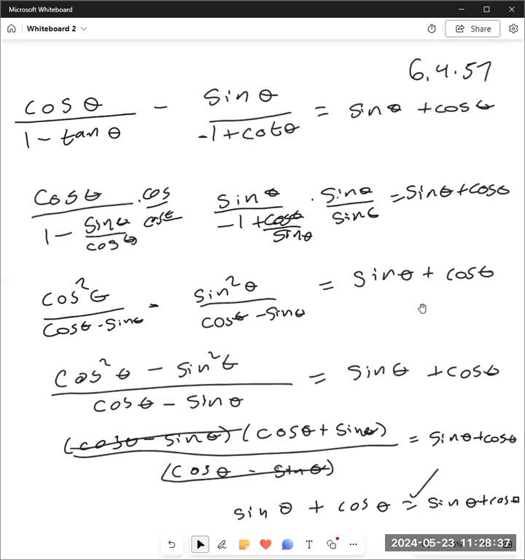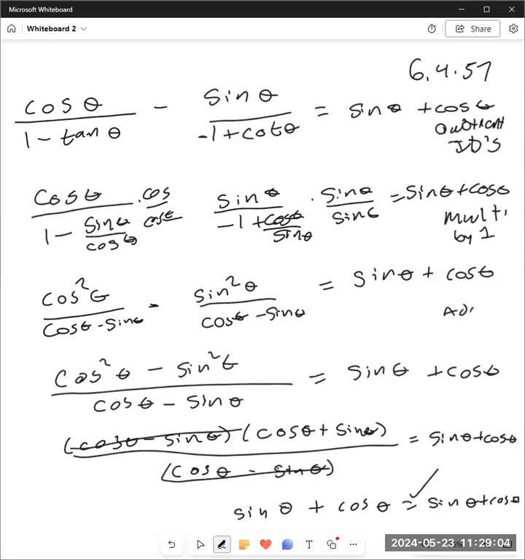Hopefully you can catch which identities I'm using now. If you have questions, let's go ahead and say these were quotient identities here. Then this was multiplication by 1 on both of those fractions there.